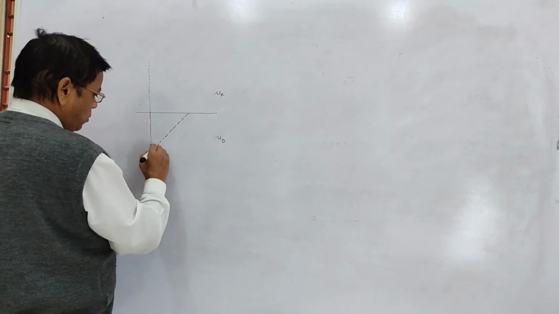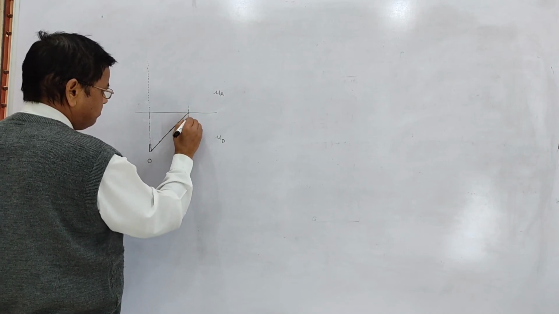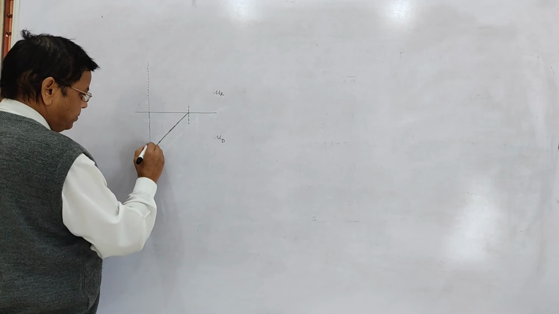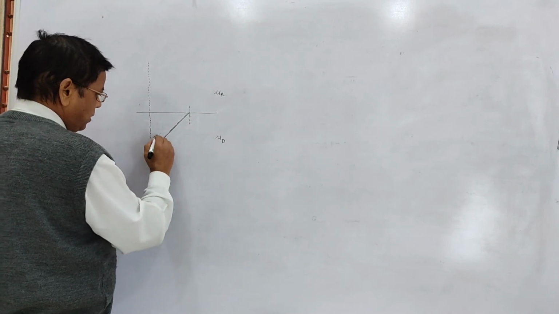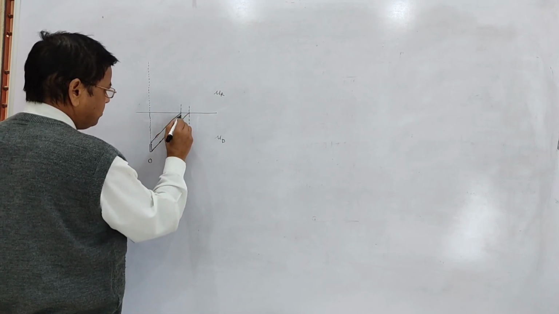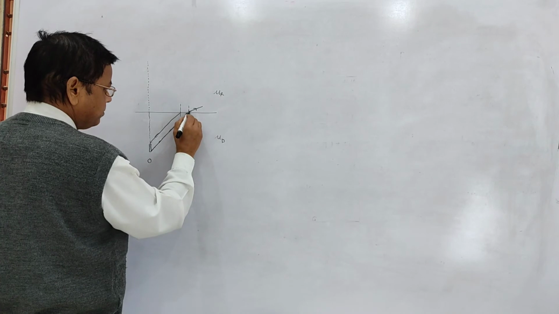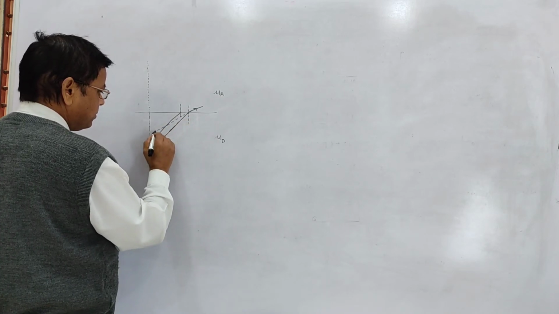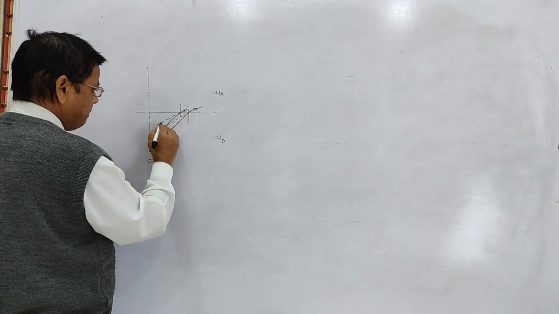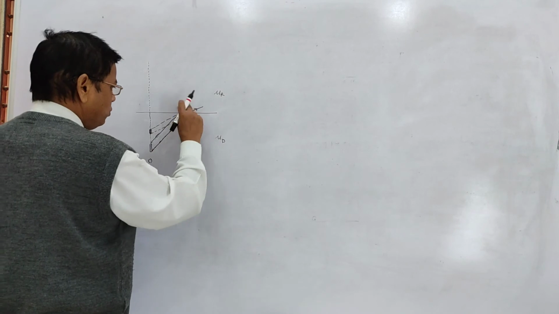The ray which is moving from this end of the object gets incident somewhere here, and as it is going into the rarer medium, it will go away from the normal. So this is the position of the image. So this is the kind of image you're going to see.